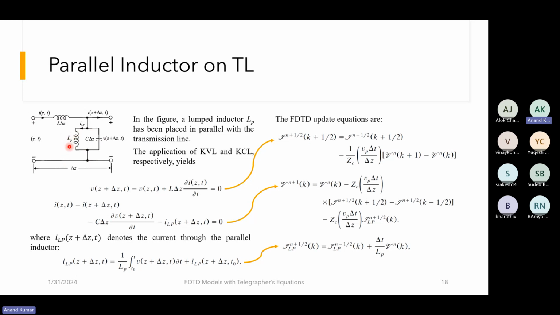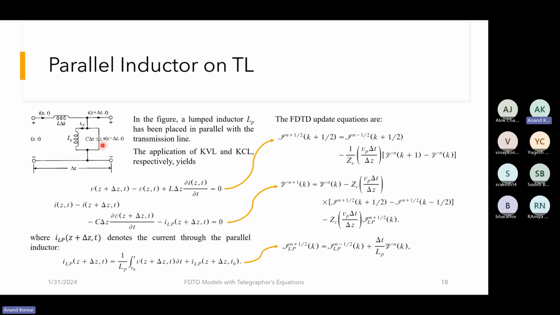is LP. Now, once we have this inductor, we again perform KVL and KCL. You can see the KVL expression remains the same because we only have a voltage drop across this inductor. So the voltage here minus the voltage drop across the inductor equals the voltage at the second node.